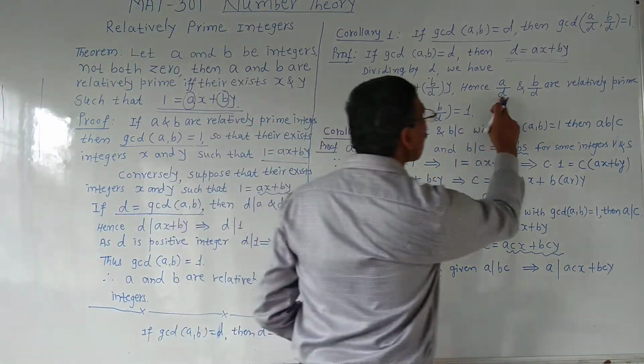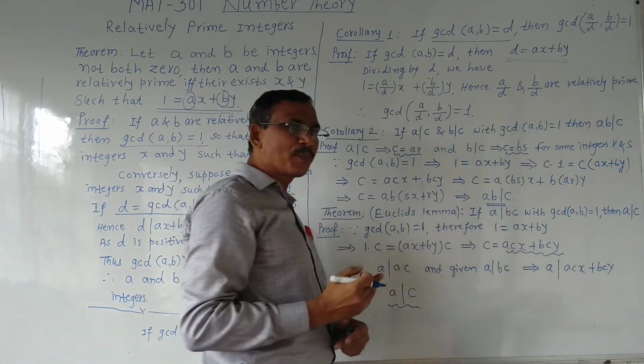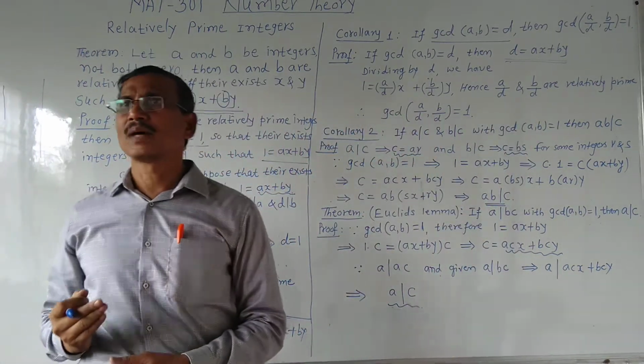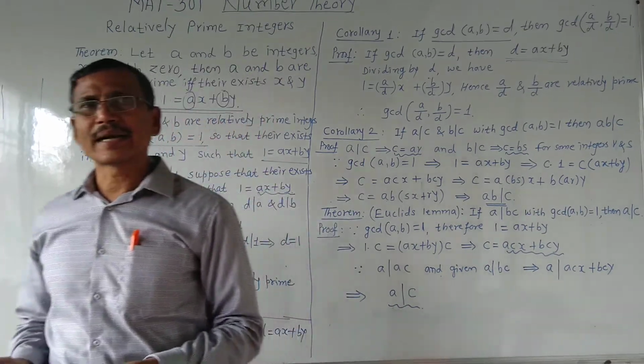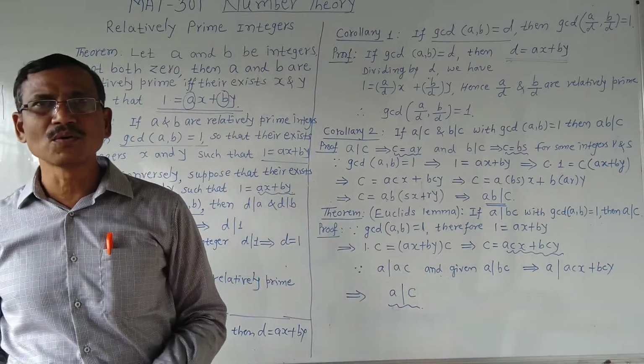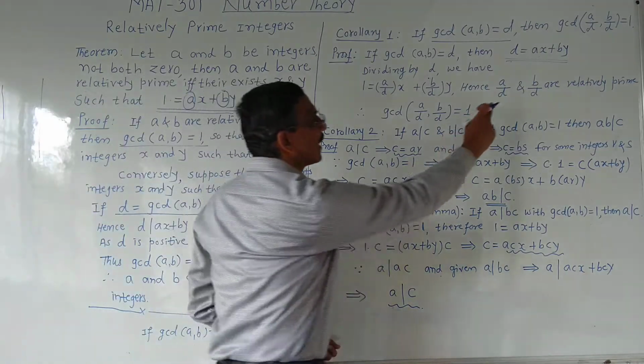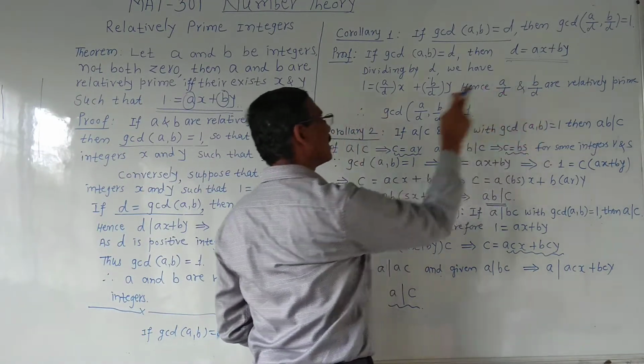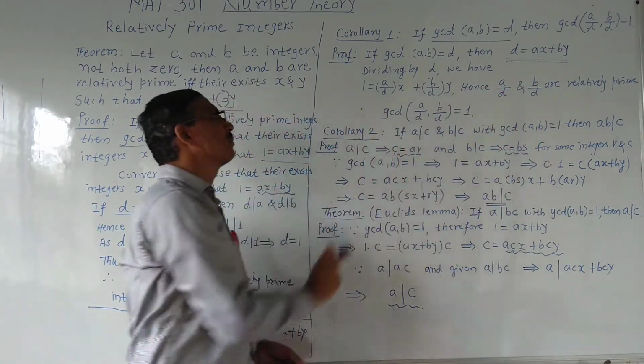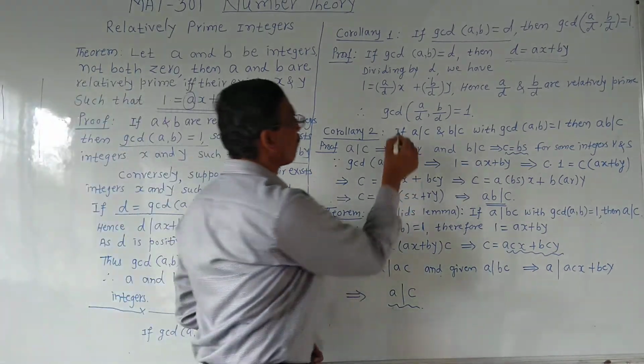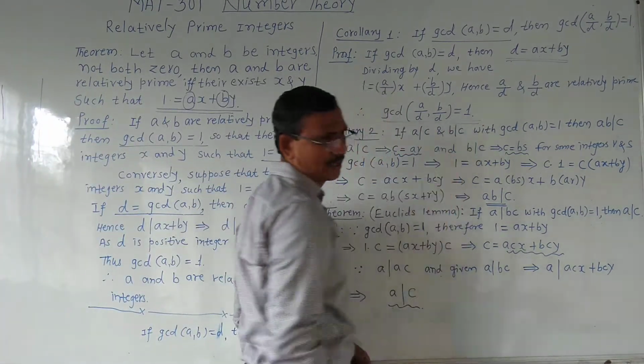By the definition of relatively prime integers, their greatest common divisor must be equal to 1. This is the proof of this corollary.